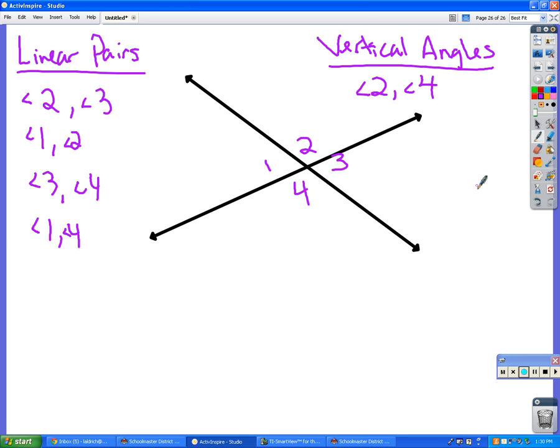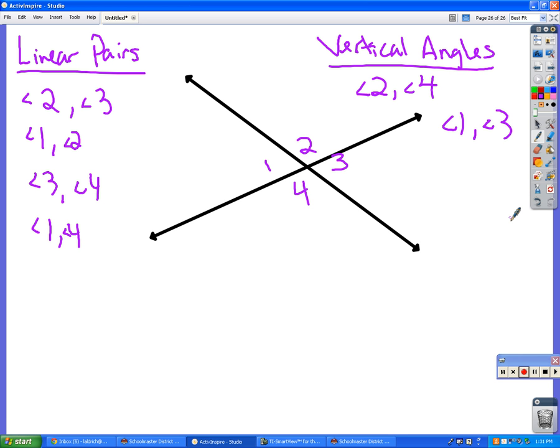What is another pair of vertical angles? 1 and 3, okay. So the first thing that's very important is that you understand which are the linear pairs and which are the vertical angles. The linear pairs are the ones that are right next to each other. The vertical angles are the ones that are across from each other.